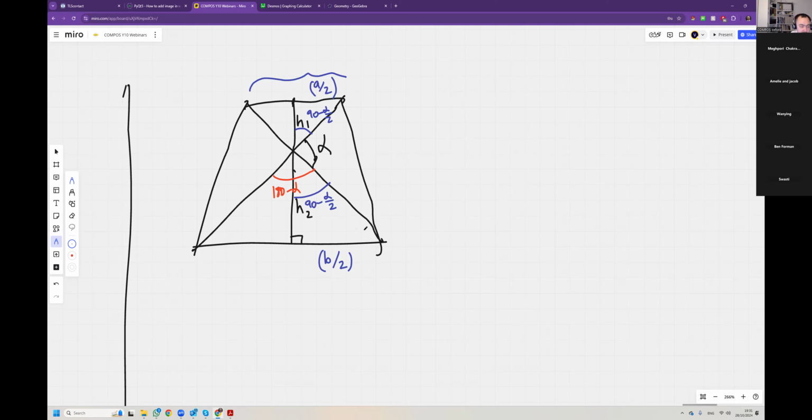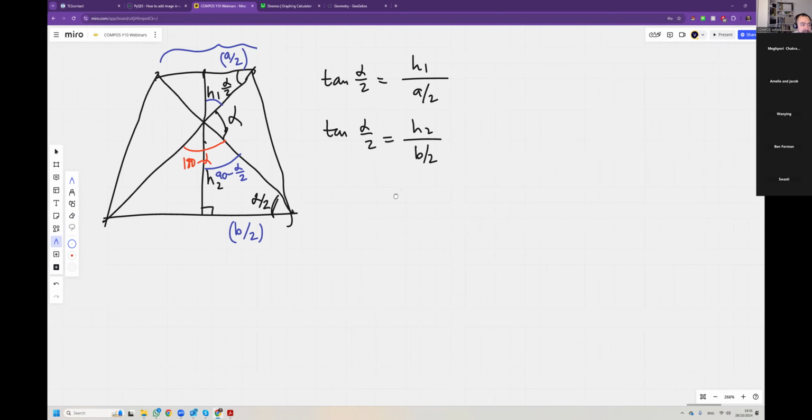If this is 90 over 2, then this simply is alpha over 2. And similarly, this is alpha over 2 as well. And that means that tan alpha over 2 is H1 divided by A over 2, and here is H2 divided by B over 2.